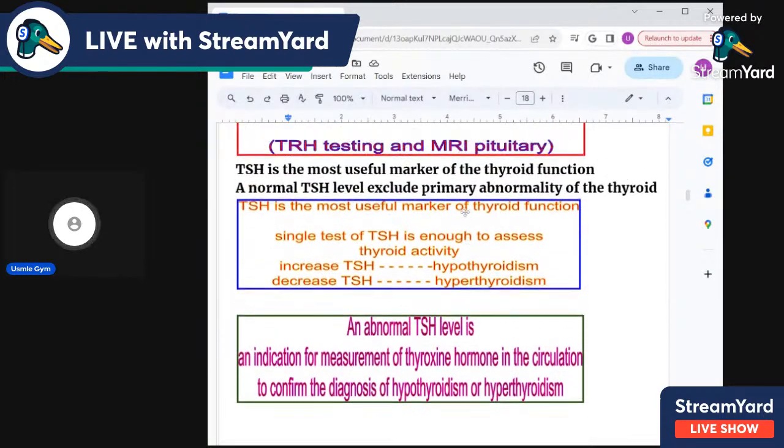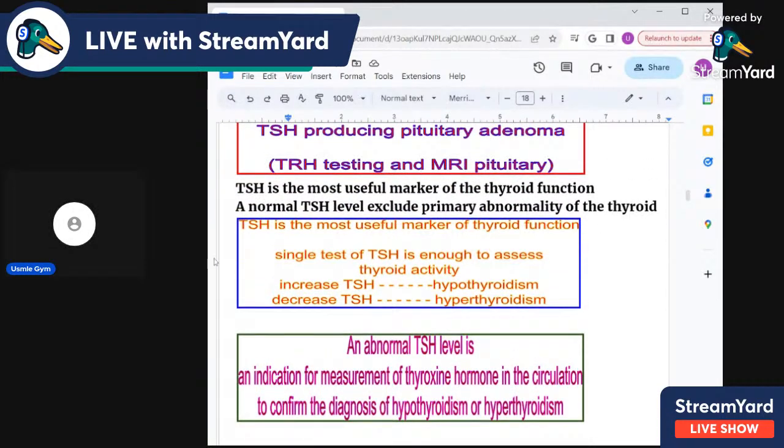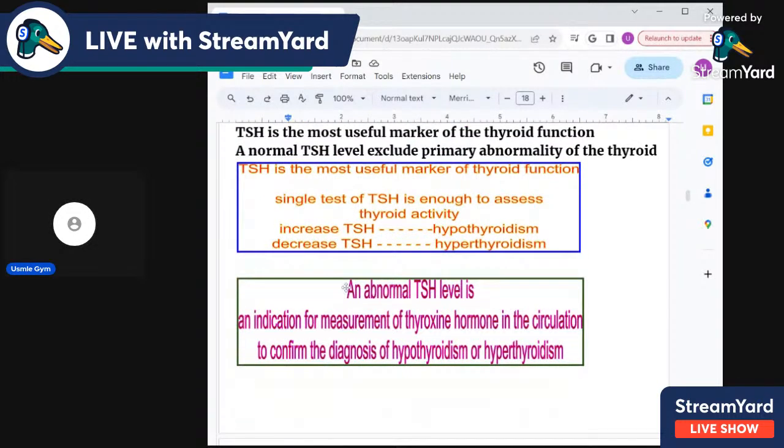TSH is the most useful marker of the thyroid function. A single test of TSH is enough to assess the thyroid activity.